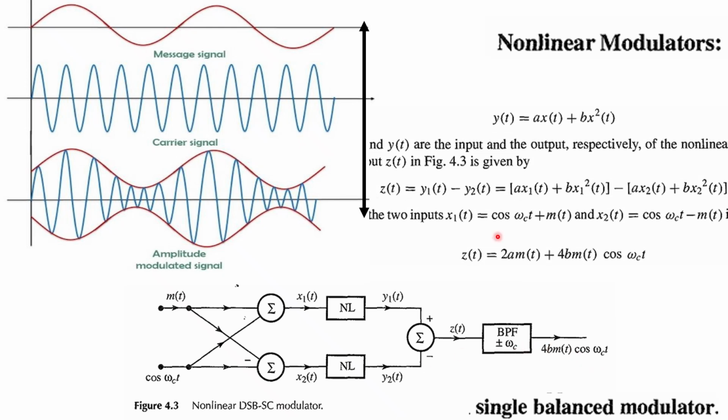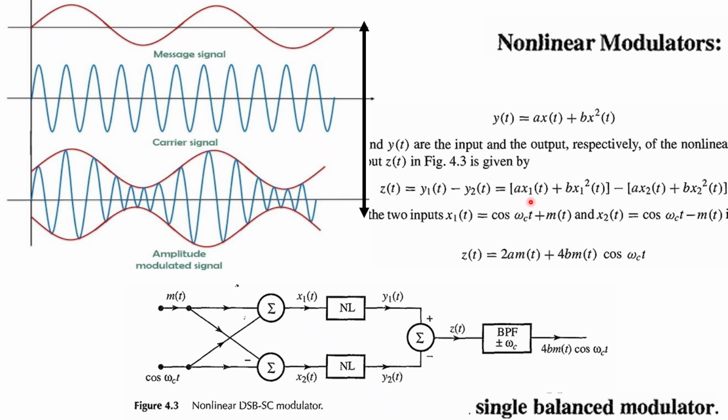How is it? y(t) will be a x(t) plus b x squared(t). Here you will get x1, here y1(t), and here y2(t). Replacing, we get z(t), the difference between y1 and y2.